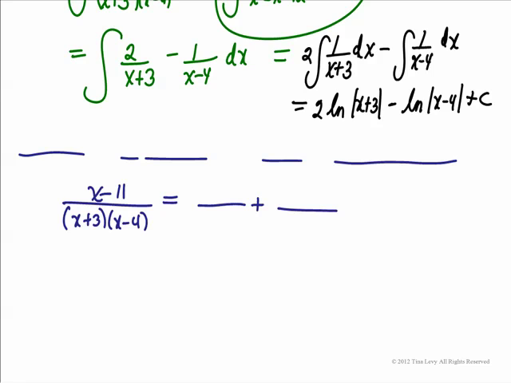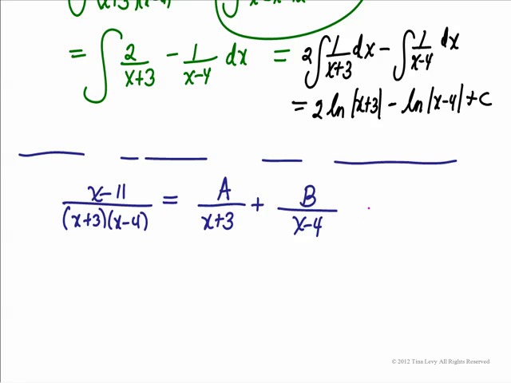We don't know what those are, but the only way you can get this denominator, x plus 3 times x minus 4, is if one of the fractions' denominators was x plus 3 and the other was x minus 4. We don't know what number goes here, so we'll call it A, and we don't know here, so we'll call that B.